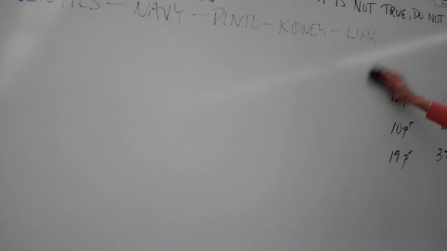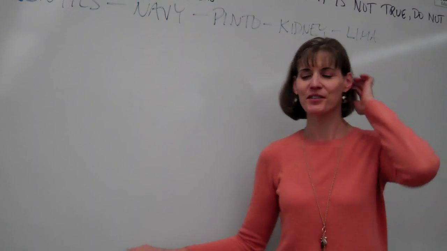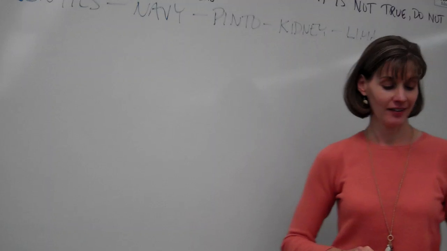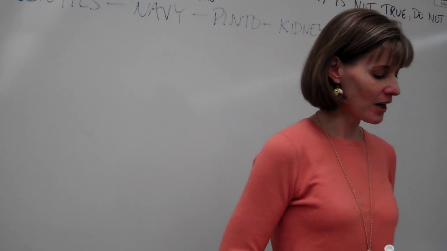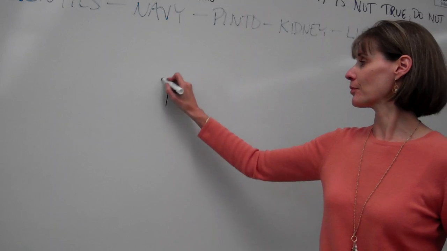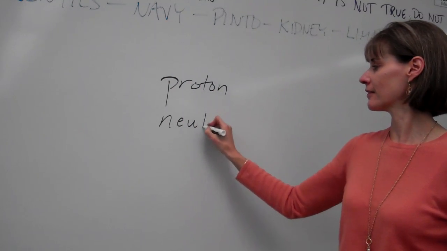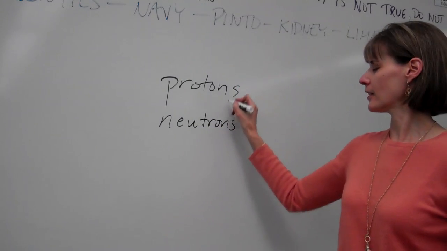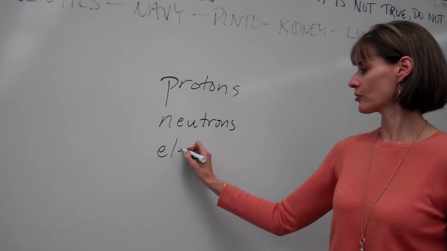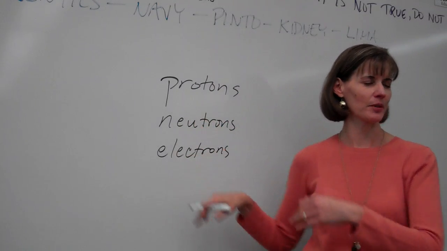But you're all trying to answer me. So what are the 3 kinds of subatomic particles? Protons, neutrons, and electrons. Well, there are quarks, which are subatomic particles too.